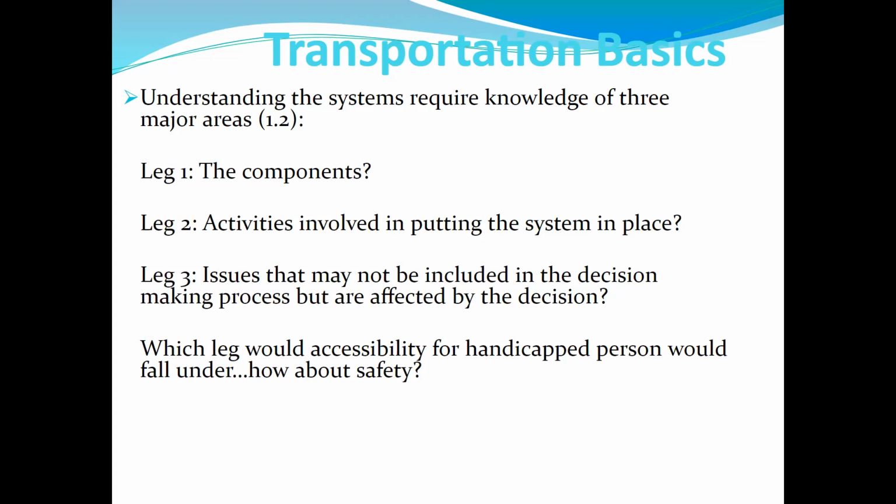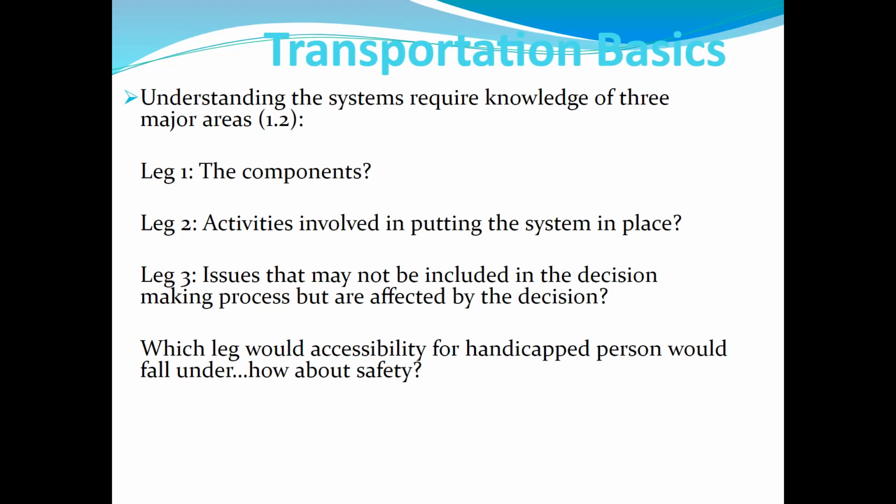And then our leg three would be issues that may not be included in the decision-making process, but are affected by the decision. Now, these are your externalities. Those are your costs. For example, for the longest time, we didn't think a lot about noise pollution or the particulate emissions and the smog and things like that that come from vehicular transportation.